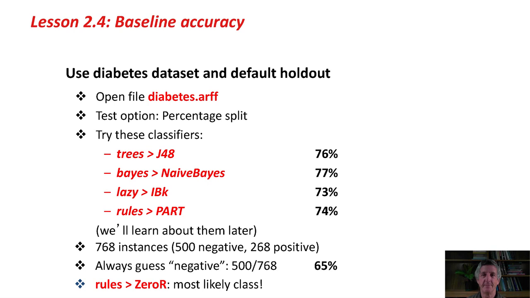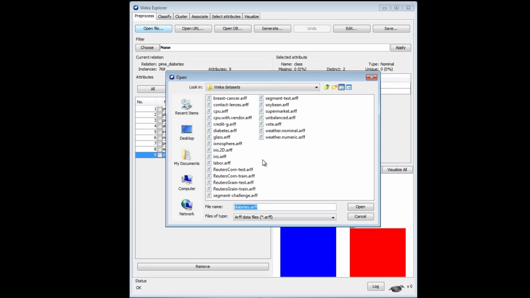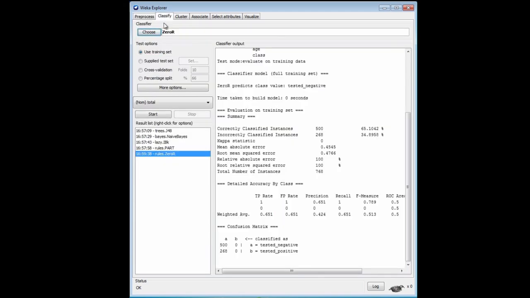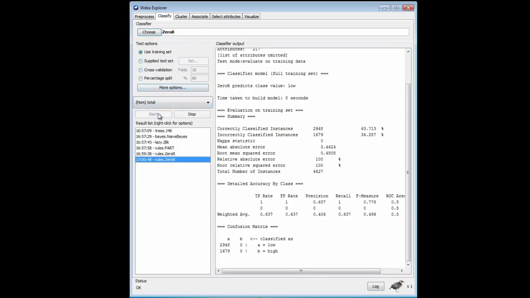Sometimes baseline might give you the best results. I mean, I'm going to open a data set here. We're not going to discuss this data set. It's a bit of a strange data set. They're not really designed for this kind of classification, but it's called supermarket. I'm going to open supermarket, and without even kind of looking at it, I'm just going to apply a few schemes here. I'm going to apply ZeroR, and I get 63%, 64%.